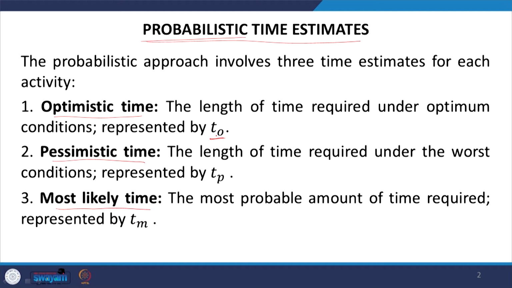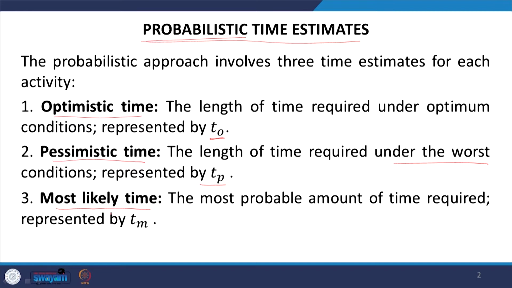The pessimistic time: if there are multiple uncertainties, and if all those uncertainties actually delay your activity, then under the worst scenario, what is going to be the time of completion of the activity, that is the pessimistic time. This is represented by TP.